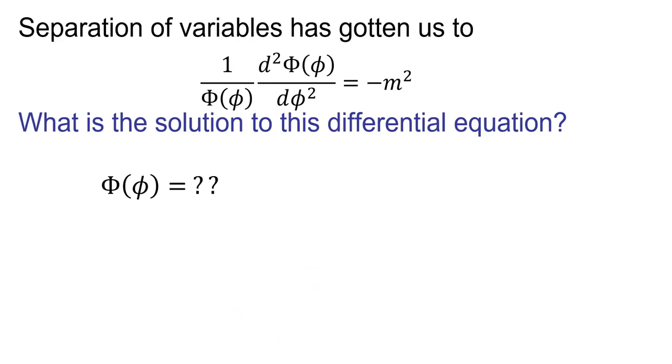Okay, so let's look at this. If we take this equation, I can rewrite it as such. This is one of our basic differential equations in physics. We've got some function where the second derivative of that function is equal to a negative constant.